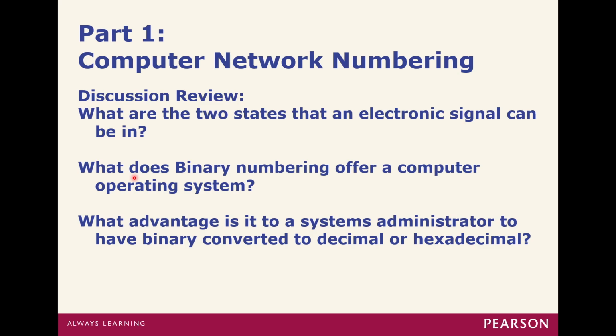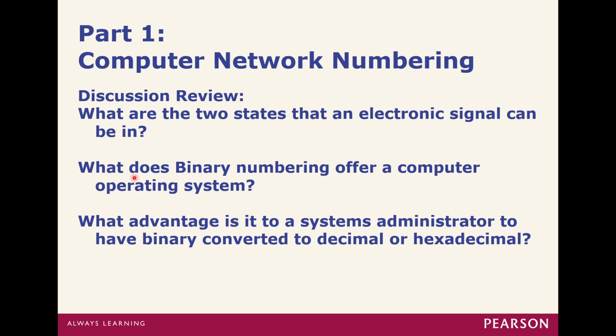Just this one is a discussion review. What are the two states for the electronic signals? Basically we have physically on and off, so basically 1 and 0. What does binary numbering offer a computer operating system?